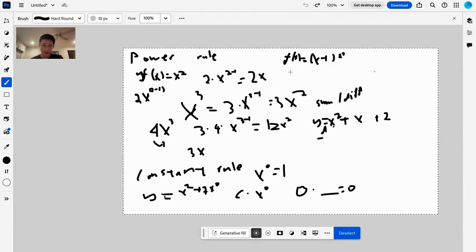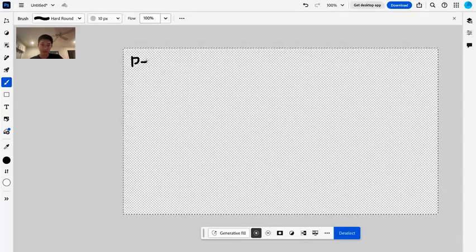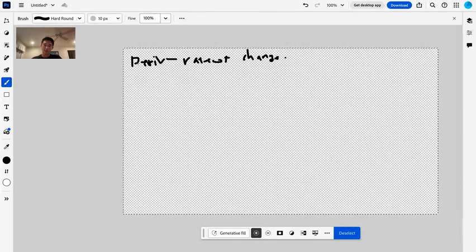So let's recap some key points of today's lesson. You can take the derivative of a function, and the derivative is defined as the rate of change of a function. If we want to find the derivative of a function, we can use the limit definition as well as the power rule.